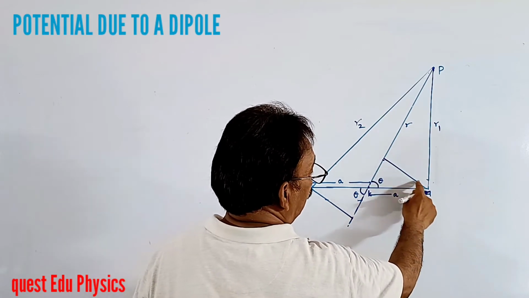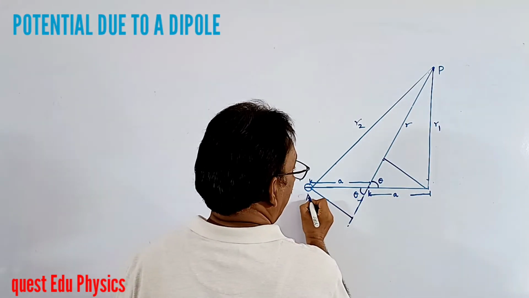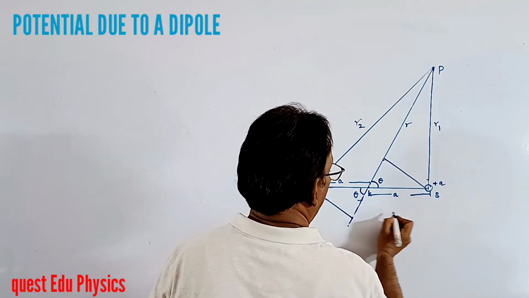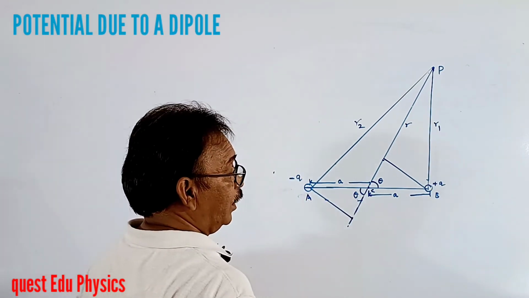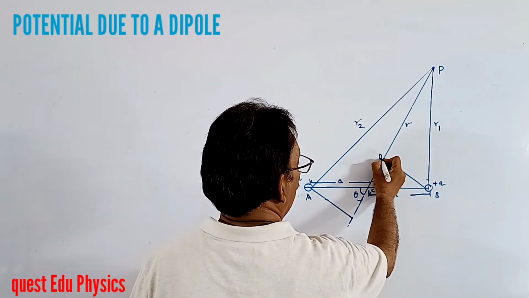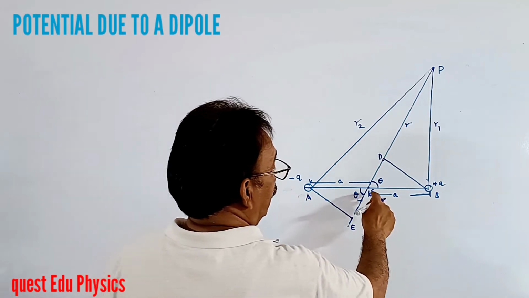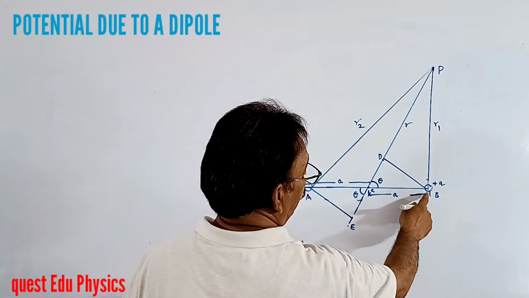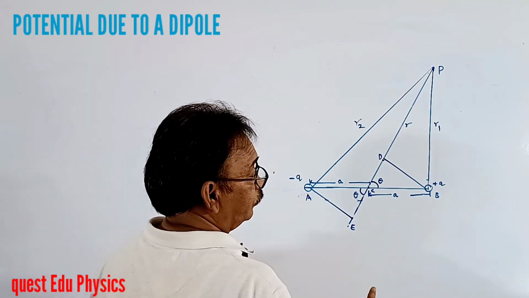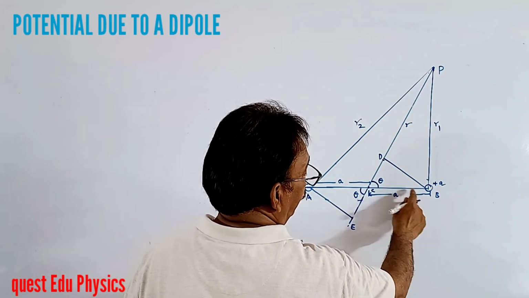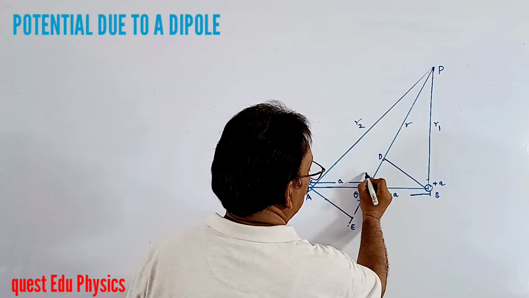I need this distance, students. If you take this, you will get a triangle. Let's say it's A and we have a charge plus q here, say B and it's C. If you take this it is D, and say it is E. Here, if you take the triangle BCD, it is a and it is a cos theta, students.